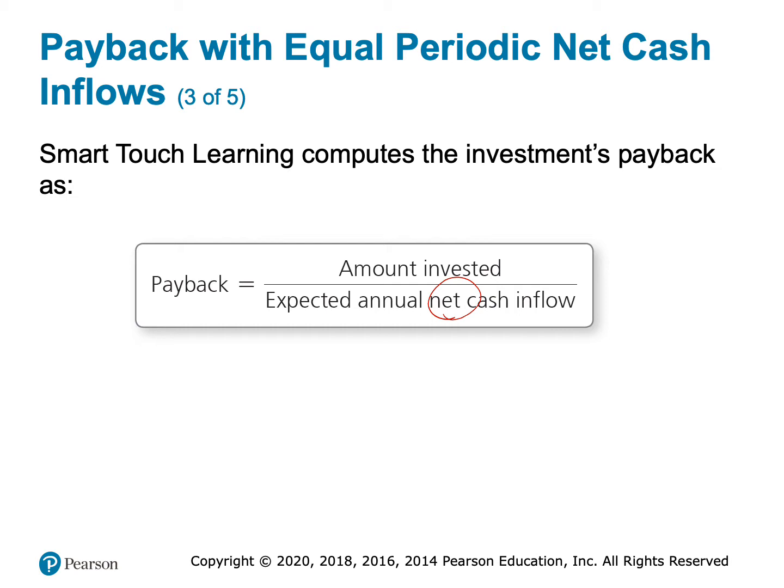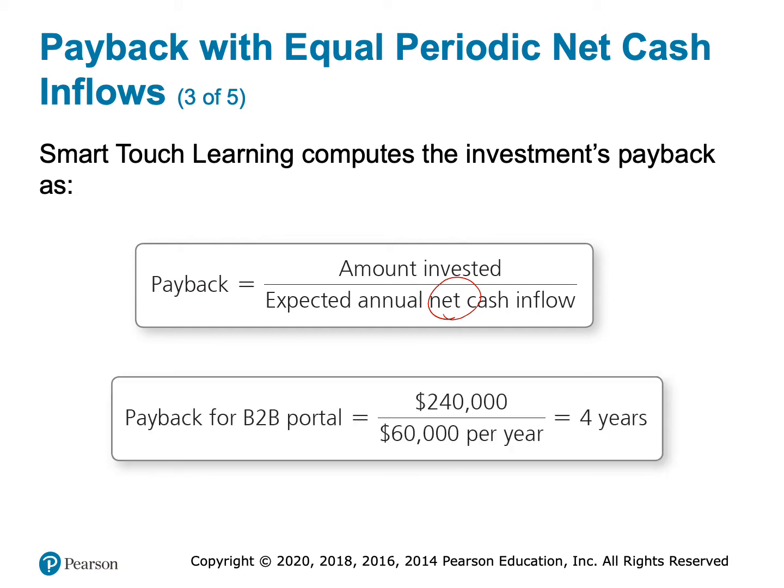So we're going to take our initial investment of 240 and divide it by that 60,000 net cash inflow. And we're going to get 4 years. So our payback period is 4 years. So what this tells us is that we're going to make back our initial investment in 4 years.